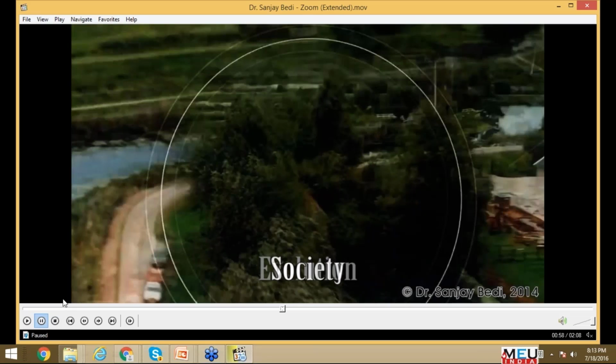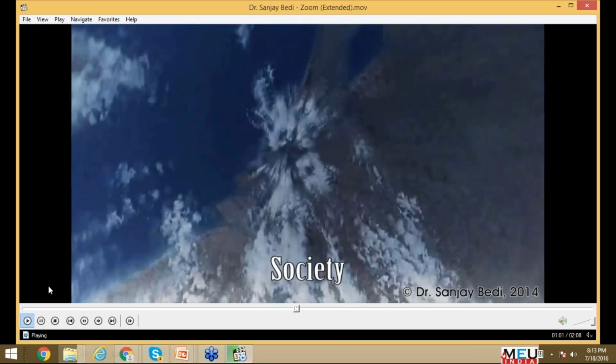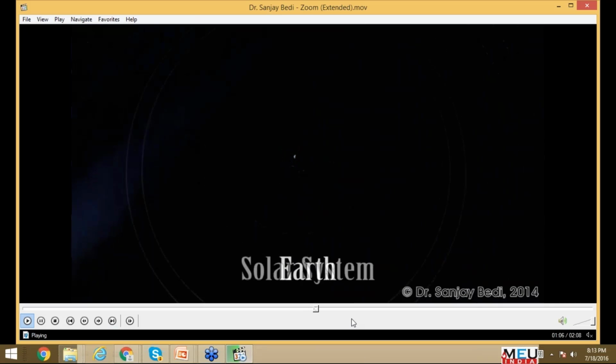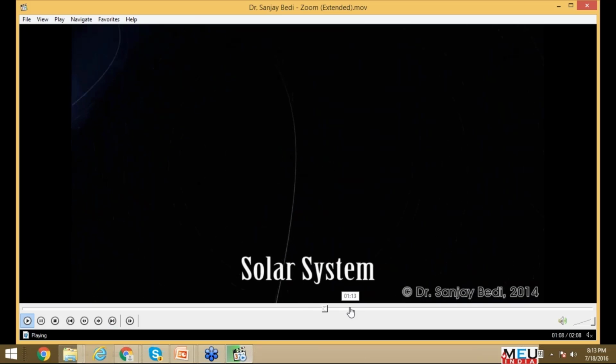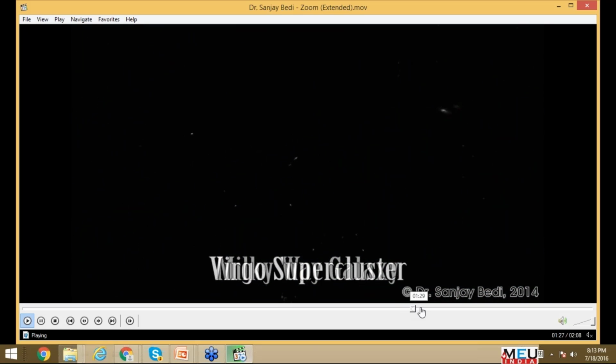The amphibians came to the land and then gradually developed into apes, followed by man, along with all its problems. And this phenomenon continues into the solar system and even in the universe.